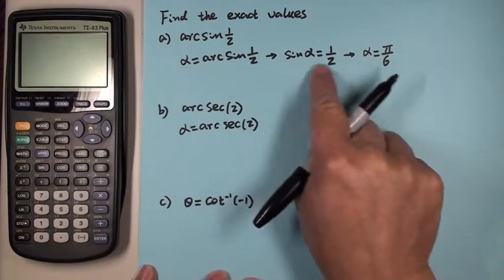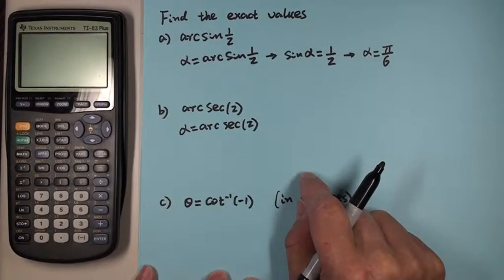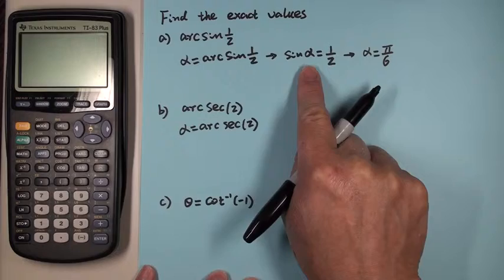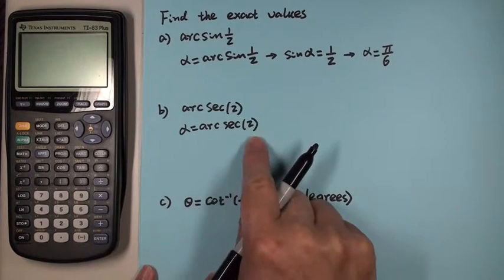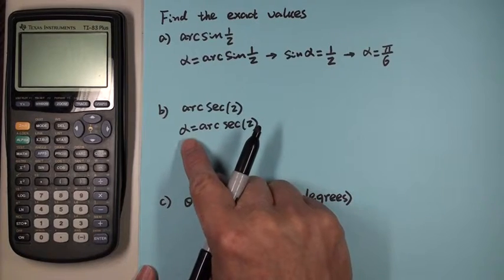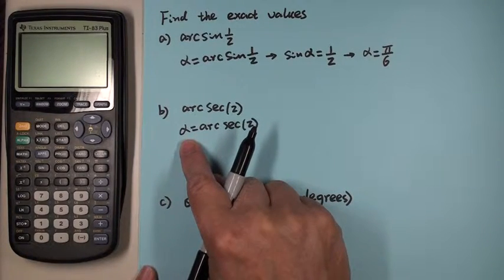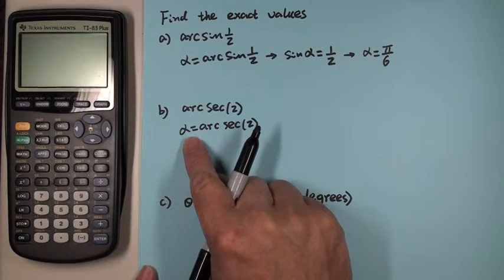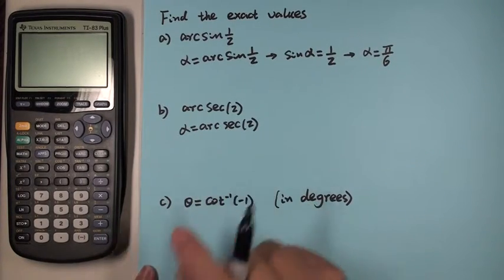Then you can write something out: sine alpha is 1/2, and then it's clear for you. Here is the same thing. You don't know arc secant 2, but you know this is an angle, so you introduce an angle yourself.